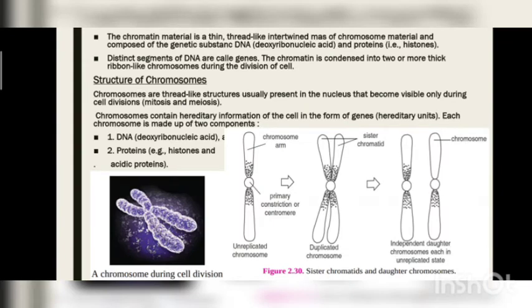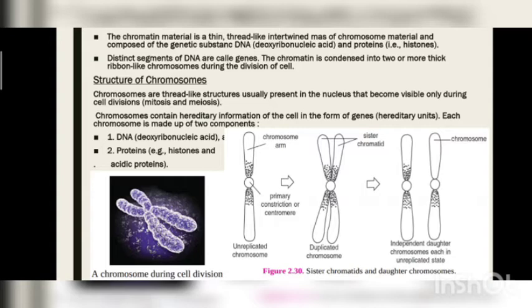Now inside the nucleoplasm, first you have to see the chromatin network. What is chromatin? Chromatin is a thin, thread-like intertwined mass of chromosome material which contains the genetic substance called DNA, deoxyribonucleic acid. This chromatin is composed of DNA and protein.